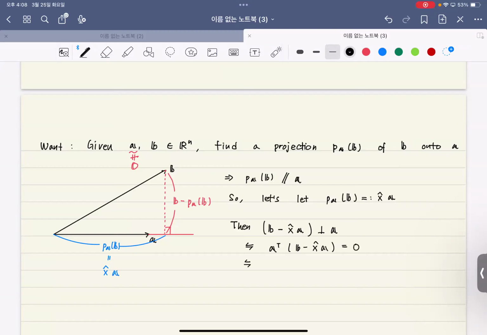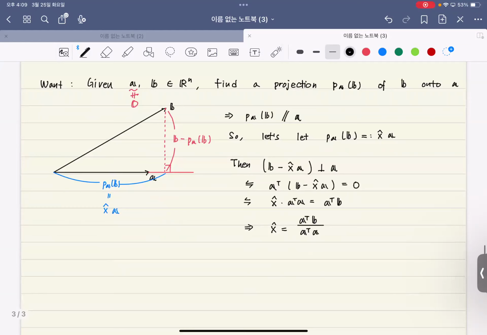In other words, x hat times A transpose A is A transpose B. So x hat is A transpose B divided by A transpose A. This is a very nice looking formula.